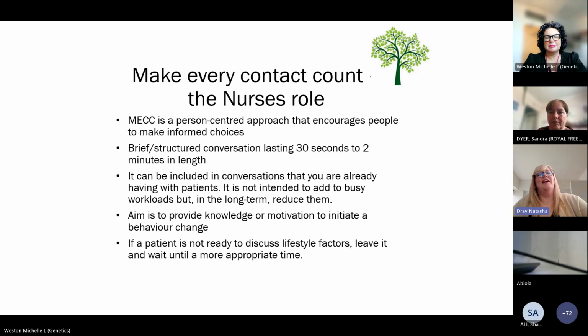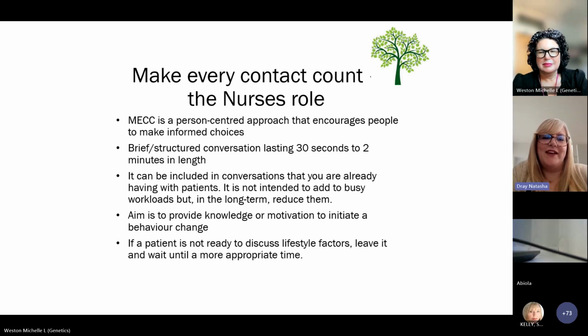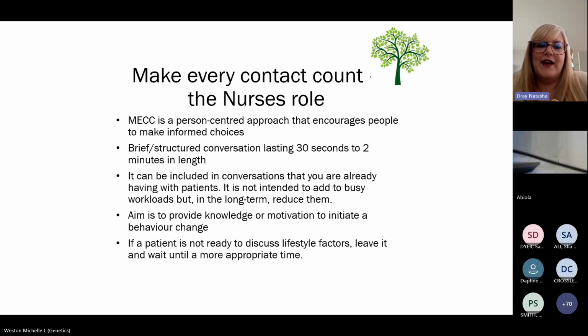So yes, MEC is making every contact count. It is something that we use in our clinics to encourage people to make informed choices based on their lifestyle factors. It's meant to be a brief discussion with the patient, but it aims to maximise opportunities to look at health and well-being factors that can increase the risk of cancer and other long-term diseases.